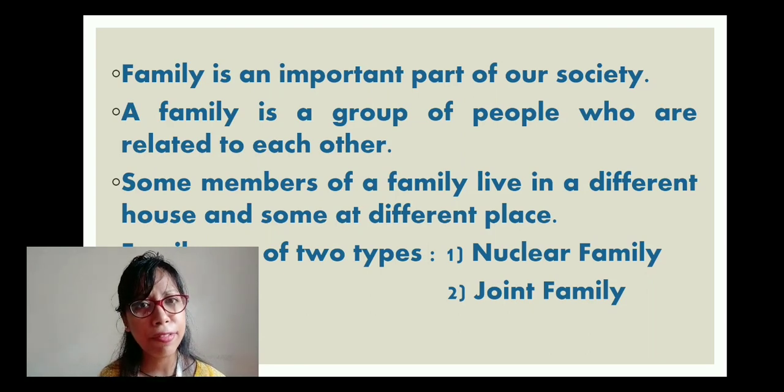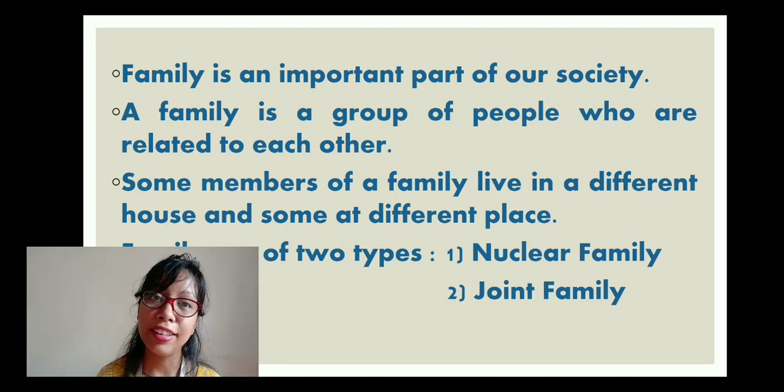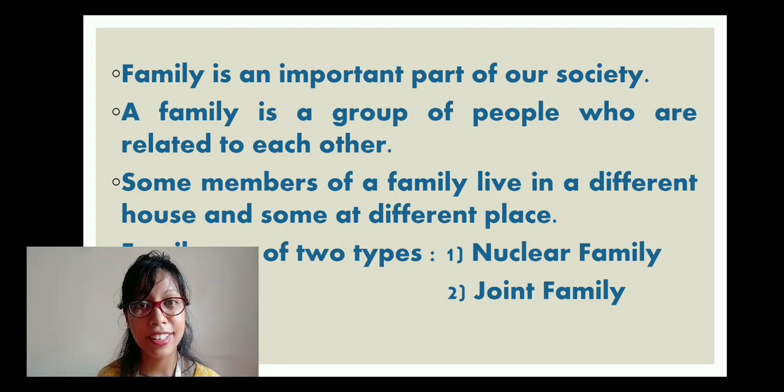So what is a family? Family is a group of people who are related to each other. I have my mother, father, brother and me, so we become a family. But a family can also have grandparents, aunts, uncles, cousins, and it is a whole big family, right?